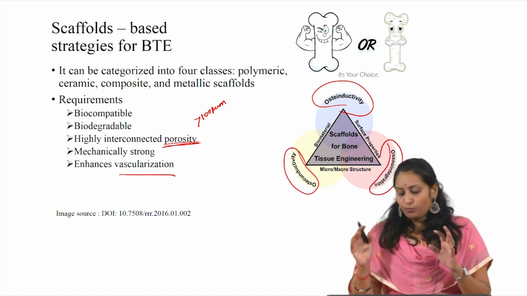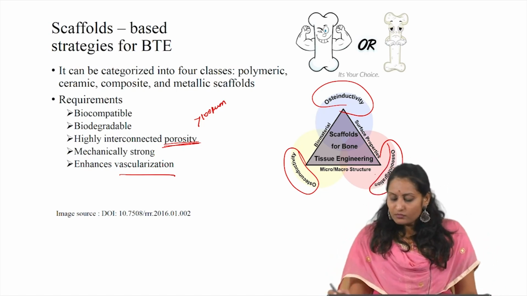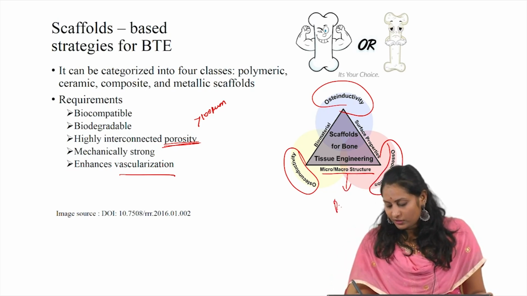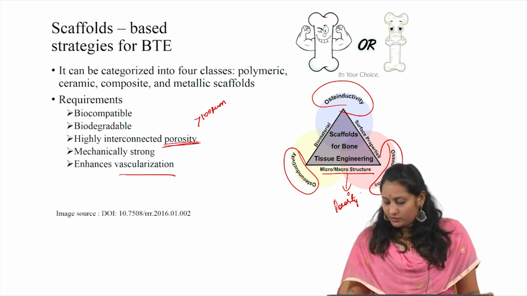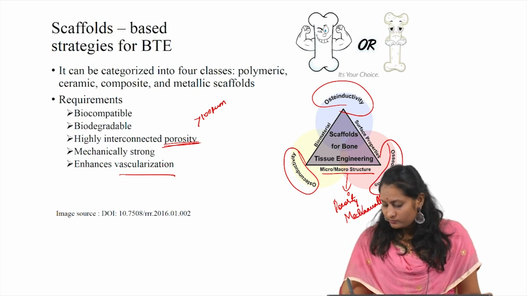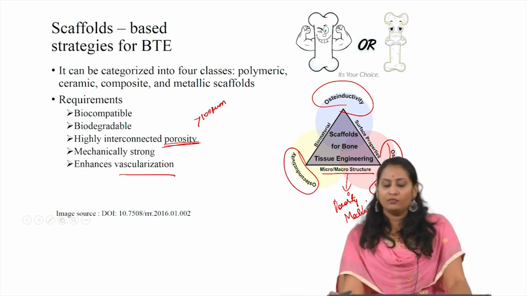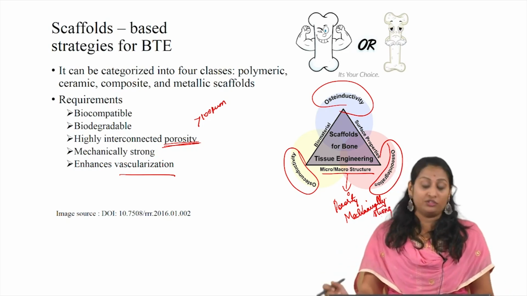So these are the main properties of the ideal scaffold. Micro and macro structures are nothing but the porosity structures, and it should be mechanically strong. These are the main properties of a scaffold to be used in bone tissue engineering.